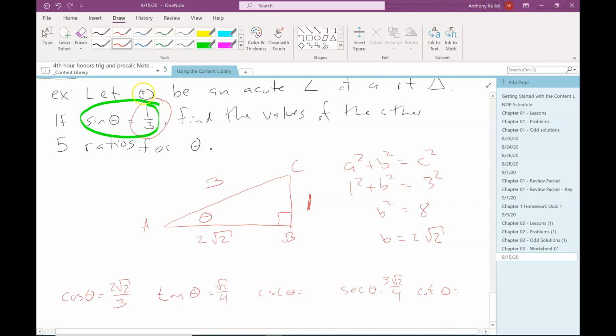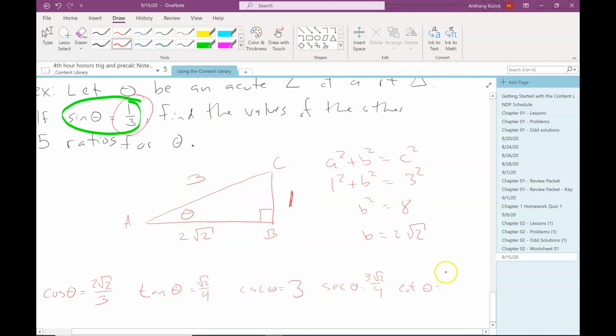Cosecant is the reciprocal of sine. Or you could have used hypotenuse over opposite. You could have done that still too.